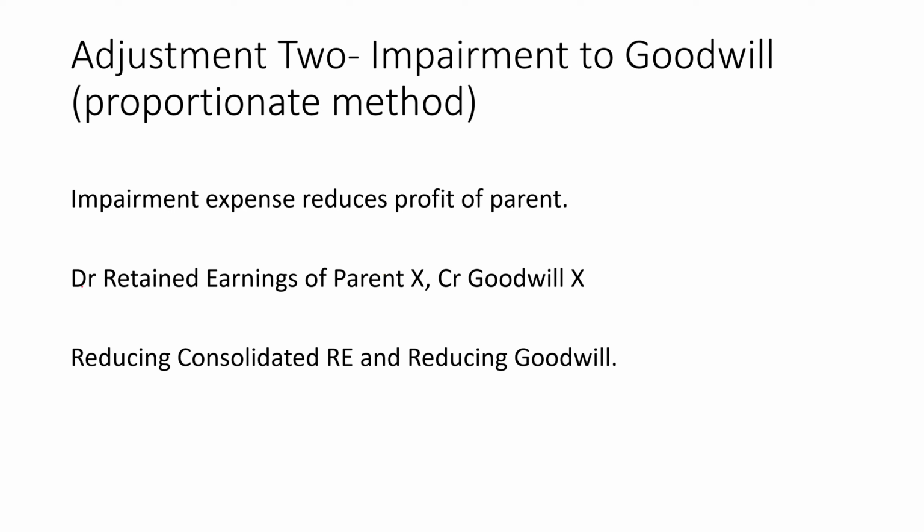So in this case, it's an expense incurred by the parent company because that's the one that's buying the relevant subsidiaries. And if you have an additional expense, that's going to reduce your profit. So if you're reducing profit, you're reducing retained earnings. So you're debiting retained earnings of parent and crediting goodwill. Crediting goodwill is fairly obvious because if you're impairing goodwill, you're saying it has a lower value.